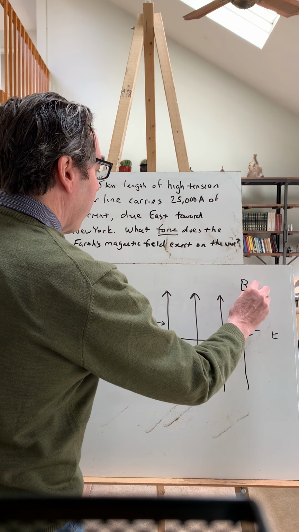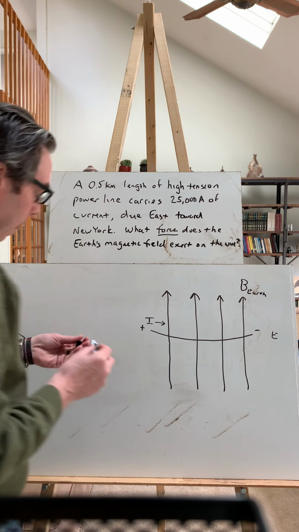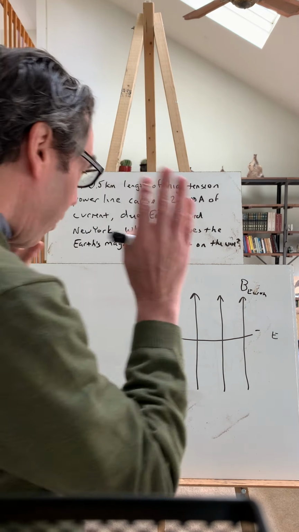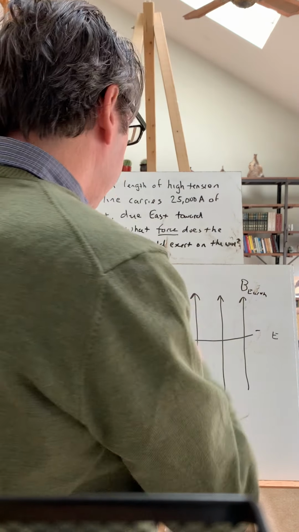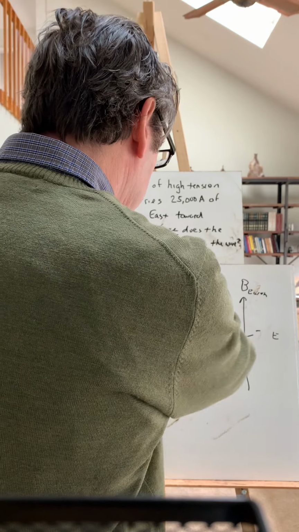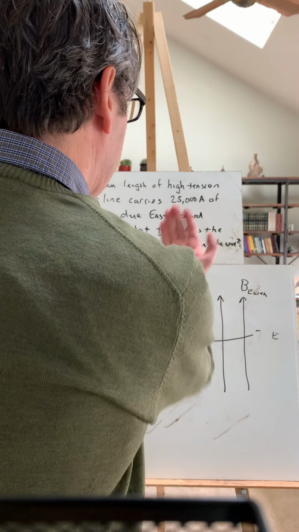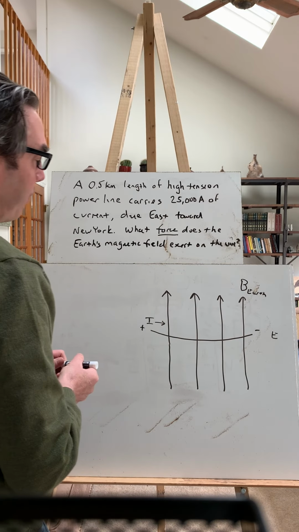Call that B of the Earth. And what we're doing right now is we're looking down on top of this from up above, and we're seeing the current traveling to the east and the magnetic field of the Earth in that direction.